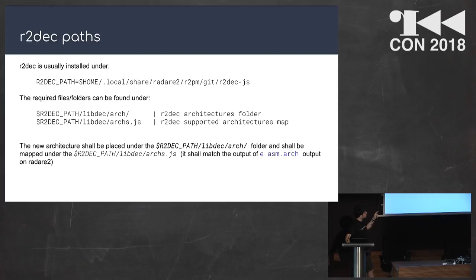You also have to add the name of the new architecture in the arcs.js file. The name has to match the asm.arch value in radare2, because I use that to detect which architecture you are using. If it doesn't match, I cannot support it.